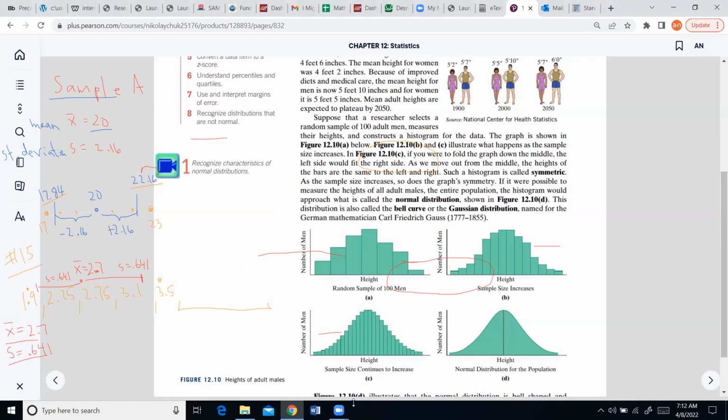What normal actually stands for is this particular shape that they show here in part D. So, for example, if you look at people's heights, you will see that heights are distributed normally. And the other thing to realize is that the mean, the average, will always be in the center.